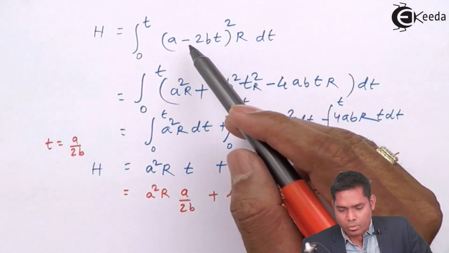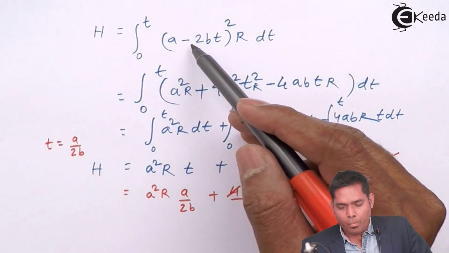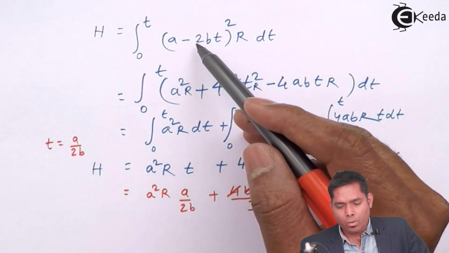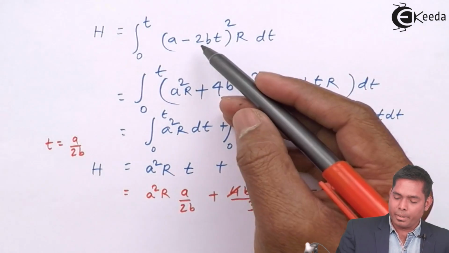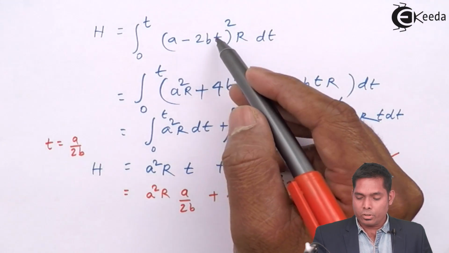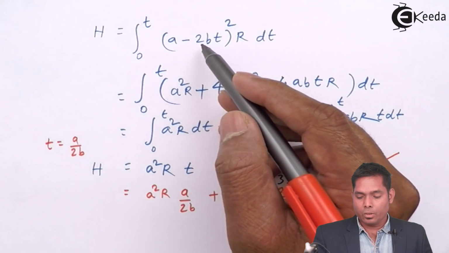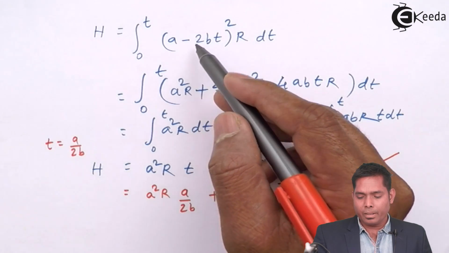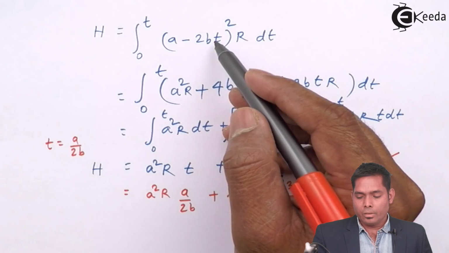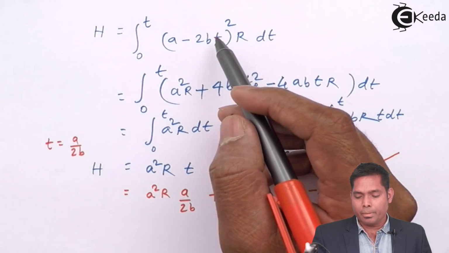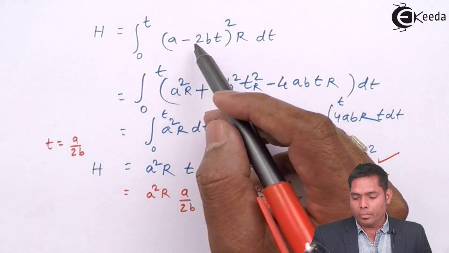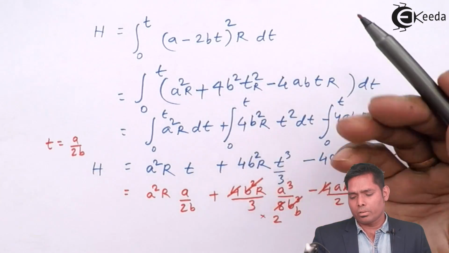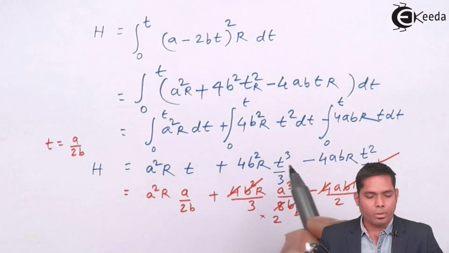If I take x equal to this, then taking differentiation, dx by dt equals minus 2b. So dt is replaced by dx by minus 2b. So this value cubed by 3 divided by minus 2b, and you get the answer in very little time.